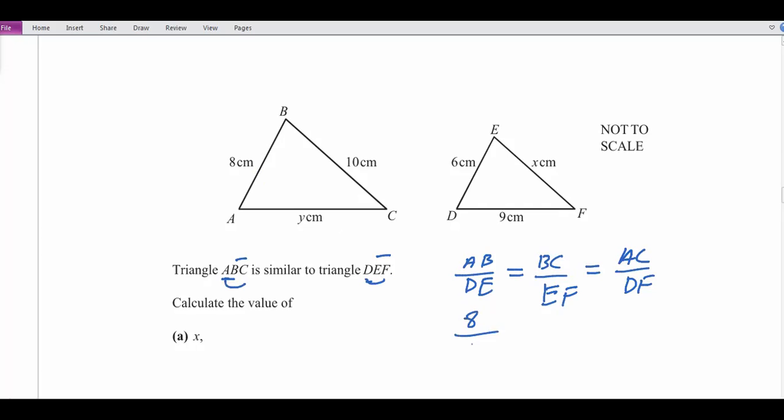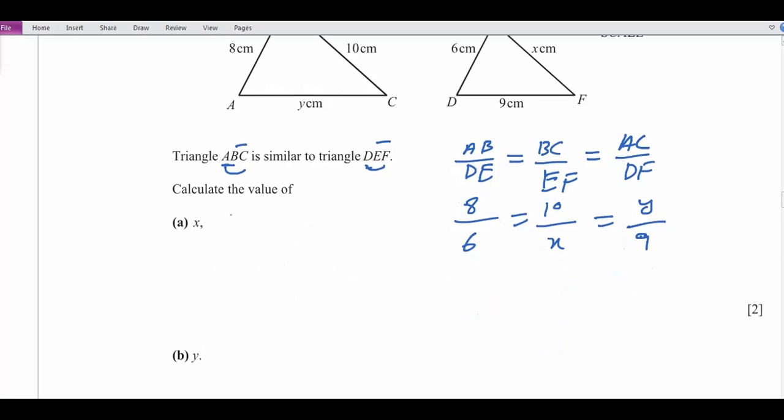Now what is AB? 8. DE is 6, equal to BC. BC is 10 over EF. EF is X, equal to AC. AC is Y over DF. DF is 9.